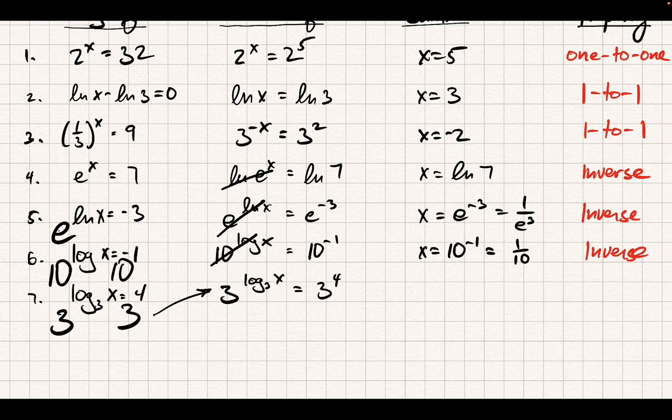I'm exponentiating e for natural log, 10 for log base 10, 3 for log base 3. So exponentiating both sides gives me 3 to the log base 3 of x equals 3 to the 4. That's why writing it this way is helpful, so I'm not tempted to just write 4. So what's my answer? What's my solution?